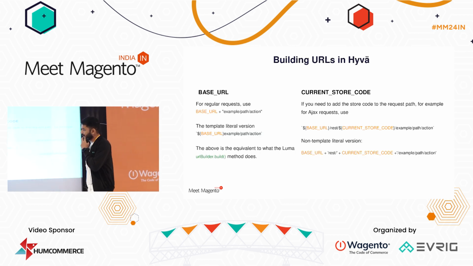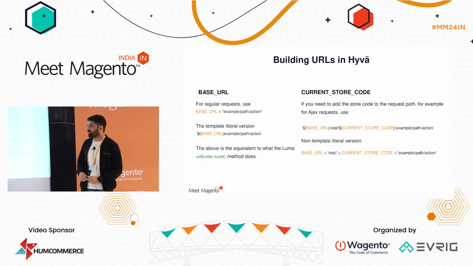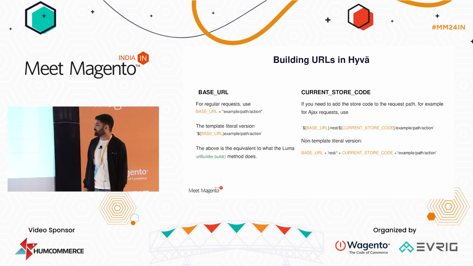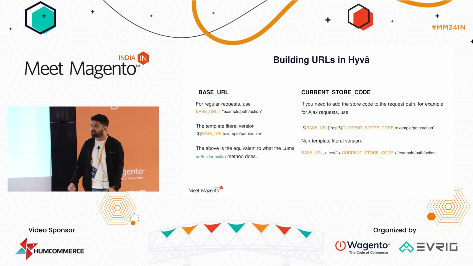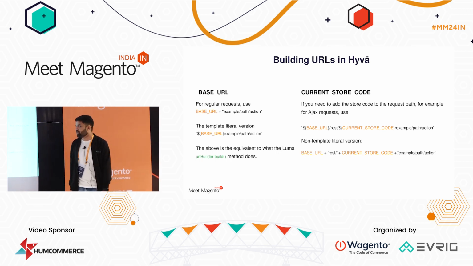And the next thing: when we are creating a POST request, we need to use the base URL of our store and also the store code of the currently running store. We want to use the REST API for this, or base URL for some AJAX calls.